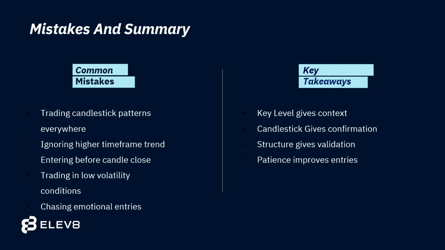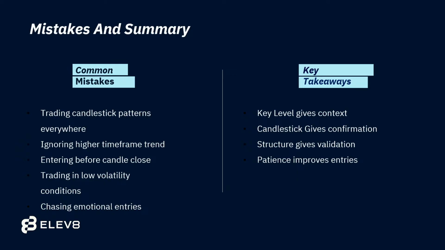Don't do that. Forcing reversals during strong momentum, you cannot trade against the trend. And emotionally chasing entries is very, very dangerous because it's connected with psychology. So you have to keep it stable.